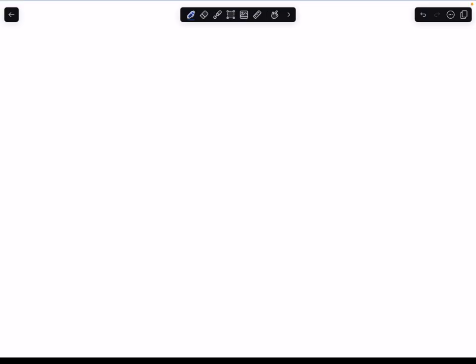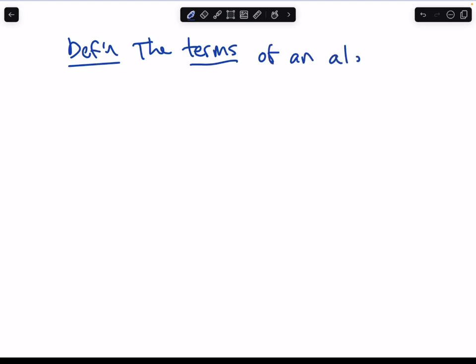Let's get started with some definitions. First, the terms of an algebraic expression are the parts separated by addition.